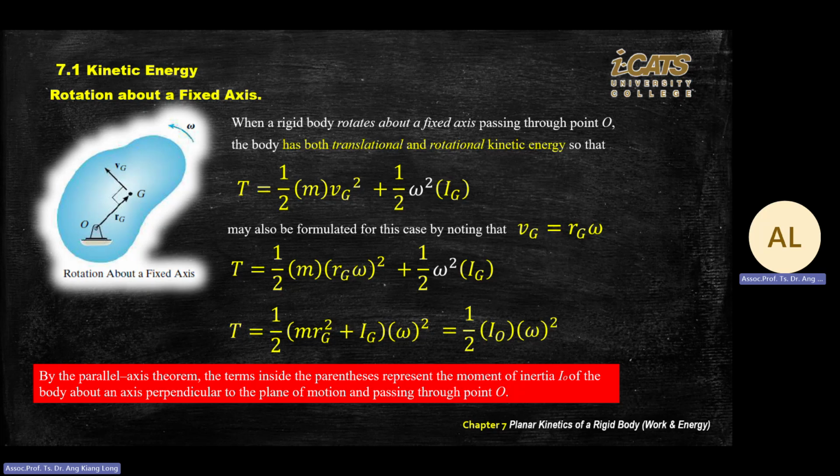Now how to find Io? I equal to Ig plus m d squared. This d refers to the distance from the reference point O to the center of mass. Ig, refer to the appendix.